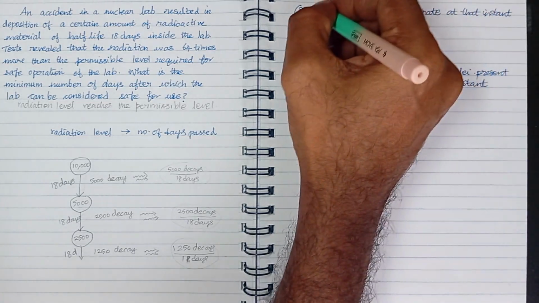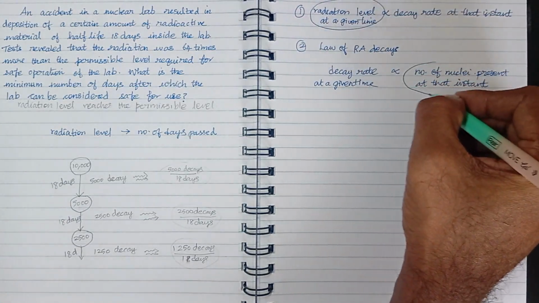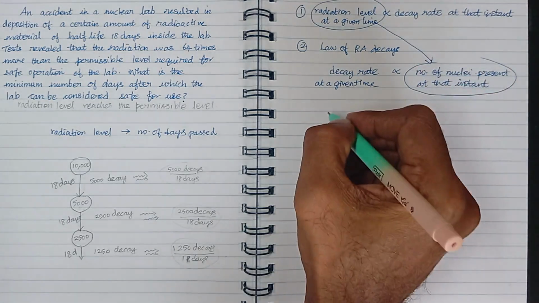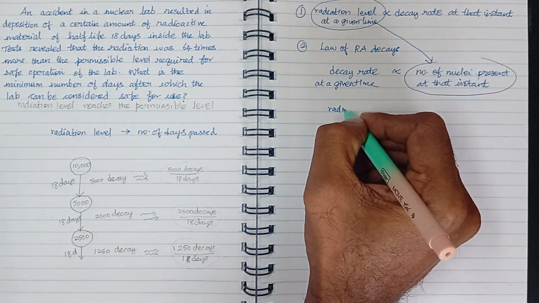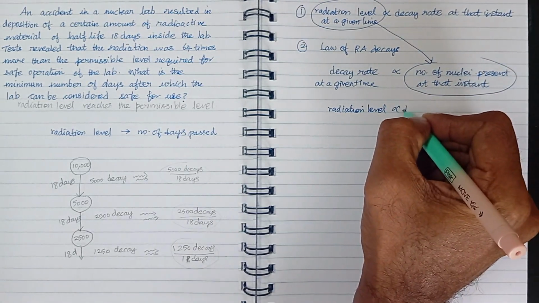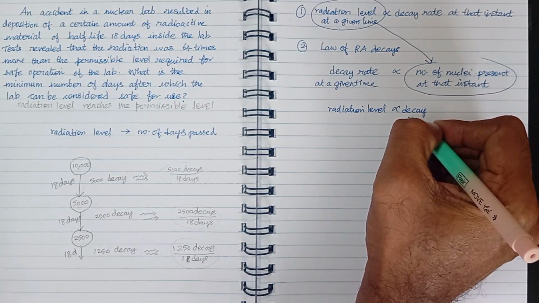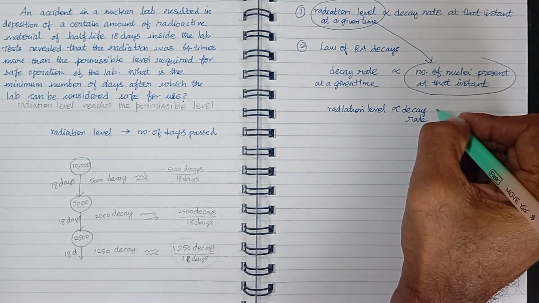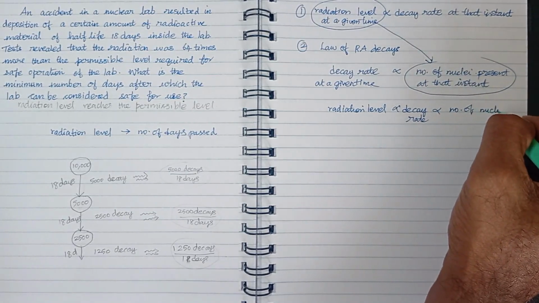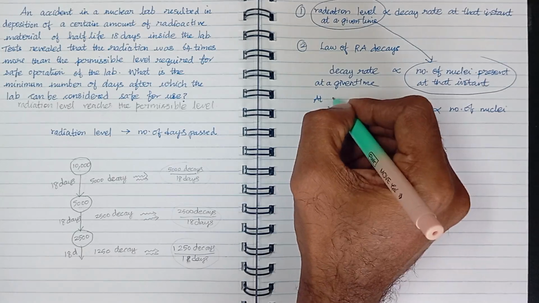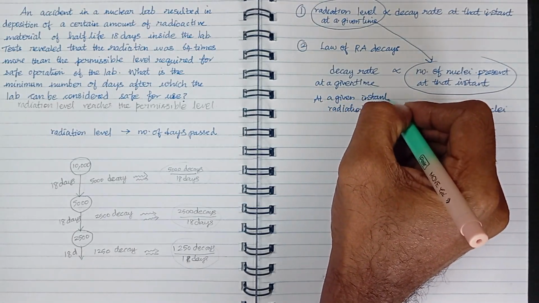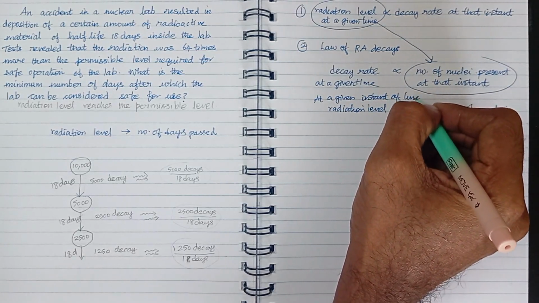So the radiation level is directly proportional to the number of nuclei at a given instant of time.